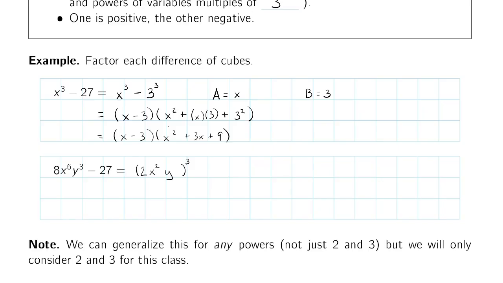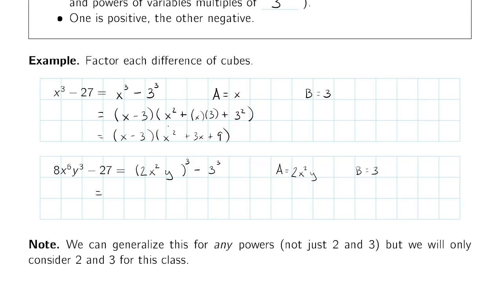Y to the 3rd, well, that's just y to the 3rd. So I have 2x squared y, all to the 3rd, minus 3 to the 3rd. This is a difference of cubes again, with a is 2x squared y, and b is 3.